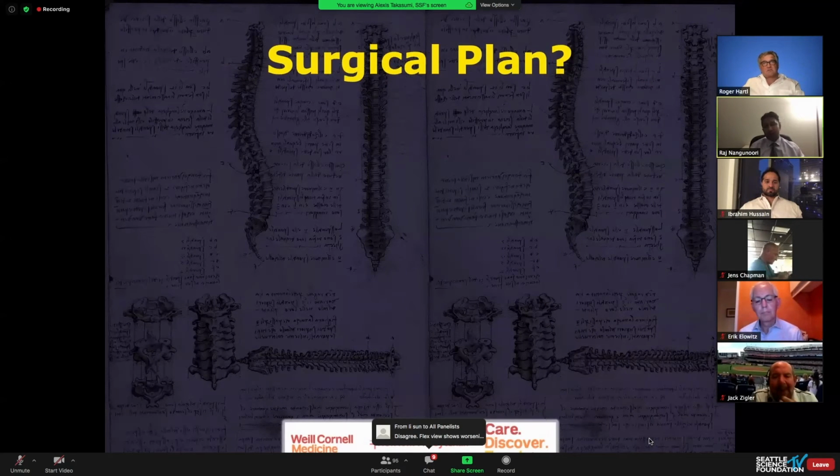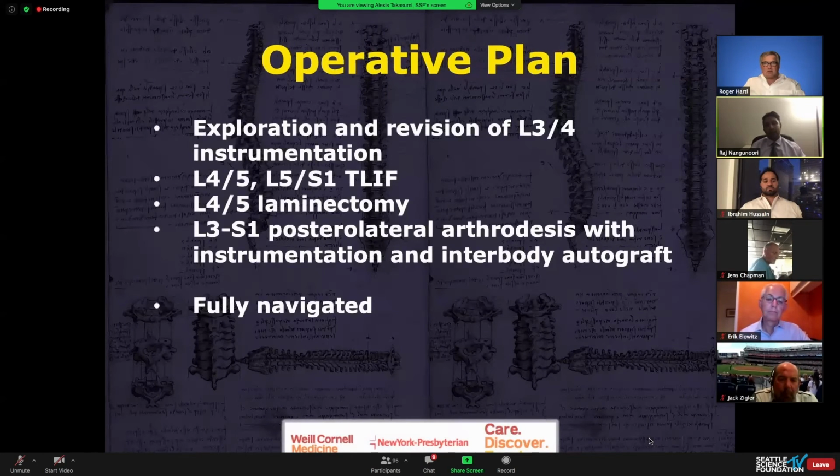So in terms of the surgical options, the options that we considered were decompression only, decompression and fusion L4, L5, whether to include L5, S1, anterior approaches. So there are a number of considerations, but given his vascular anatomy and the degree of pathology at L4, L5, as well as the concern that he would degenerate L5, S1, we elected to perform a revision procedure, doing an exploration and revision of the L3, L4 instrumentation, all done minimally invasively with the L4, L5, L5, S1 TLIF, again, with MIS and tubular retractors, with a total laminectomy, as Dr. Härtl showed in one of the earlier slides.